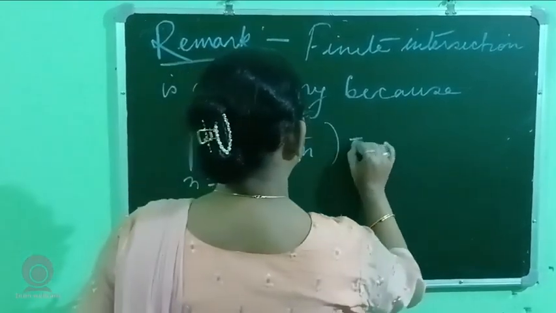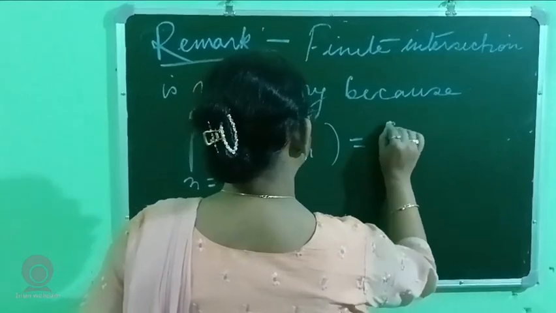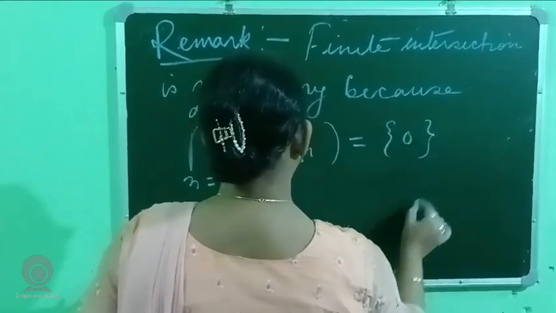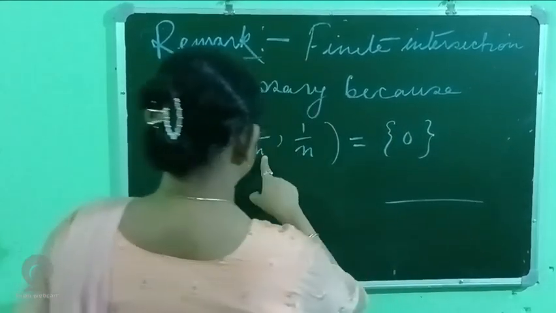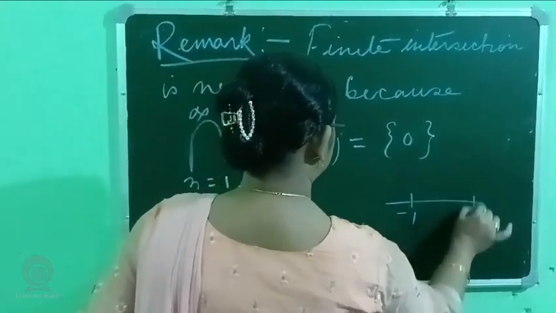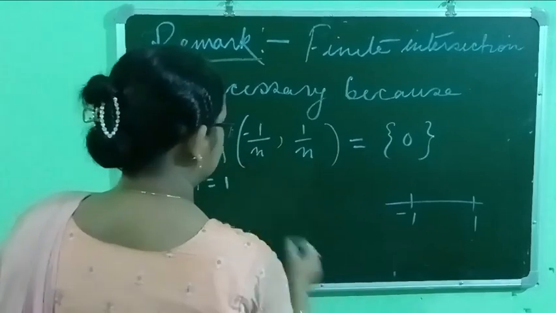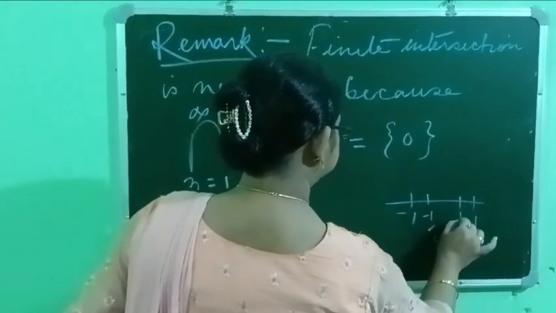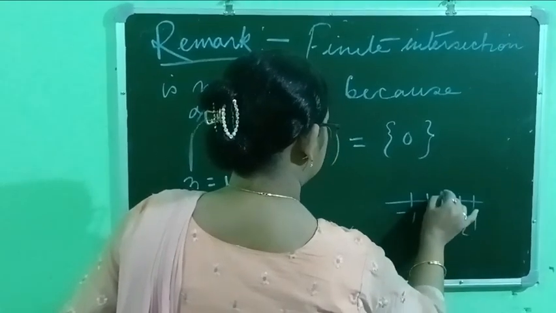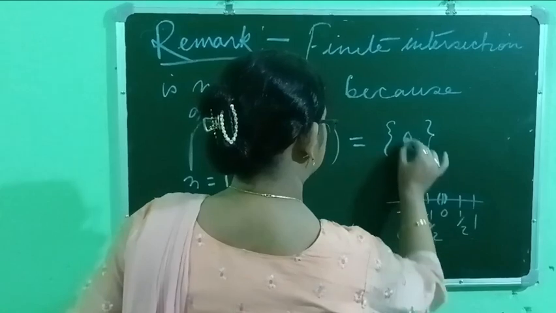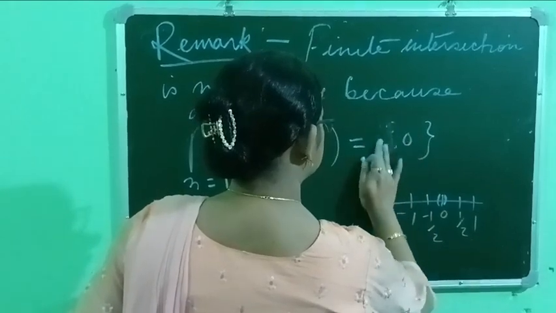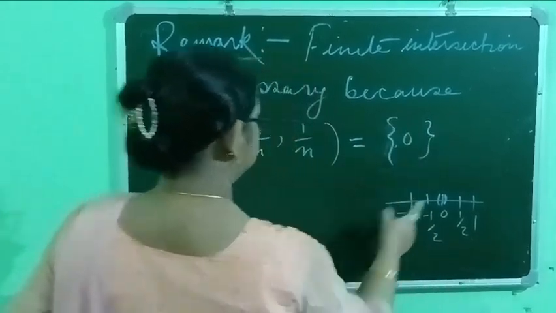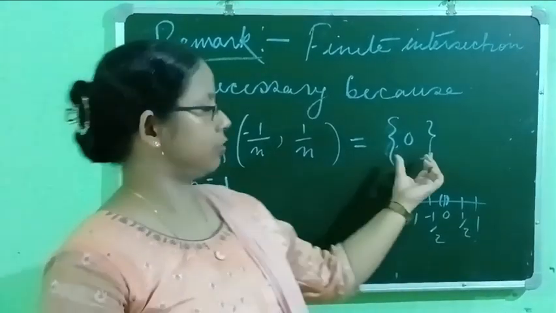Then this will be the singleton set {0}. That is, first if you take n equal to 1, this will be minus 1 to 1. If we take n equal to 2, this is minus half to half. In this way, it will come nearer to 0, and if you take the arbitrary intersection, it is the singleton set {0}.